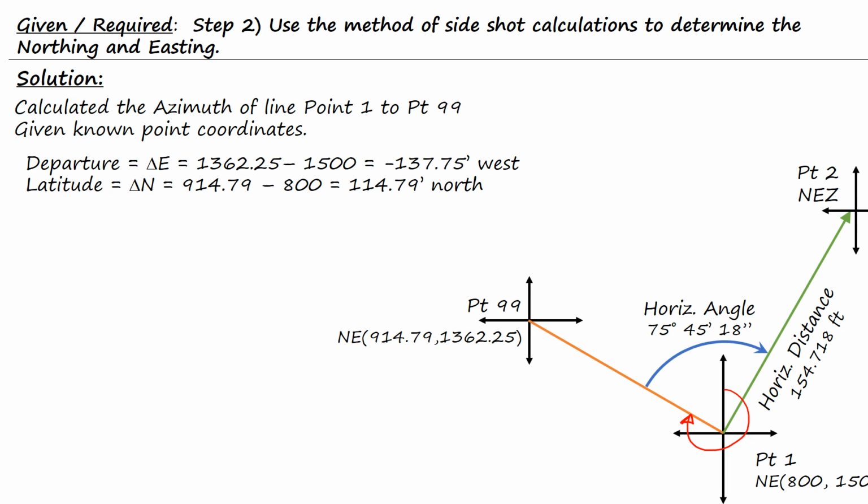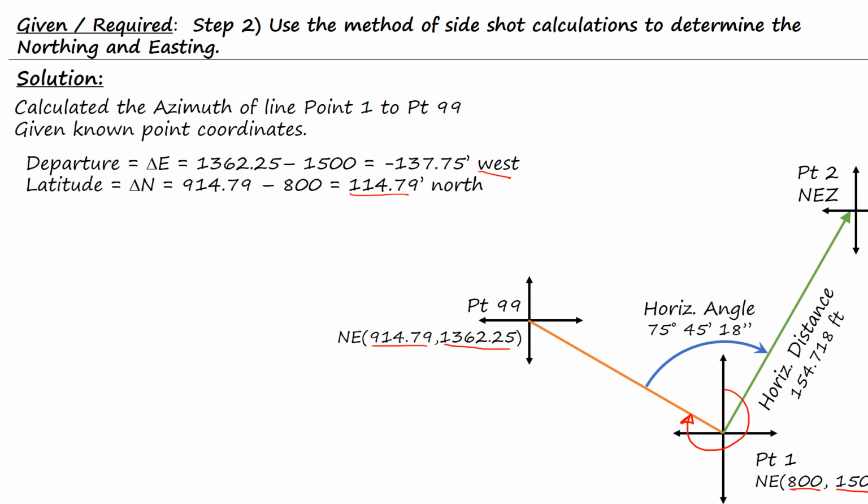So I'm going to take the eastings for the departure, which is 1,362.25 and 1,500. Subtract those two, and I'm going to get a negative 137.75. It's negative, I'm going west. The latitude is going to be the 914.79 minus the 800, and the change is 114.79, and I'm going north.